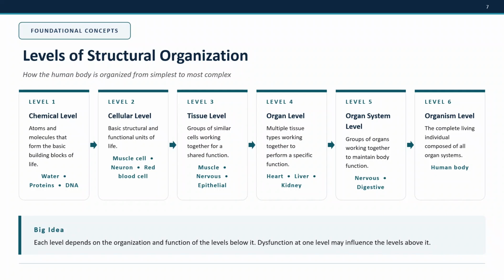So the big idea here is that each level depends on the organization and function of the levels below it. So dysfunction at one level is going to influence the levels above it. So quick example here, I'm going to use a broad example: if you have a lot of free radical damage, a lot of inflammation, that might be occurring at the chemical or cellular level.